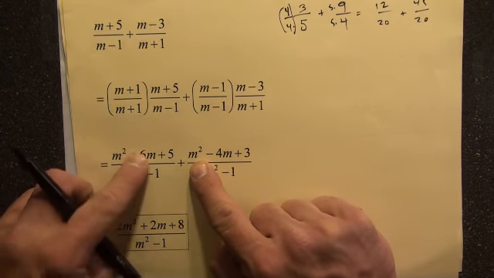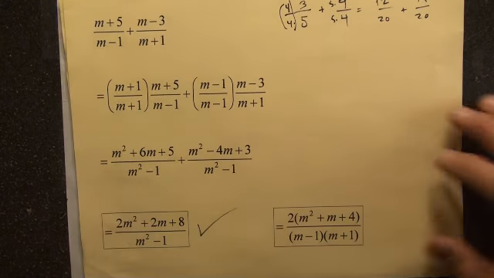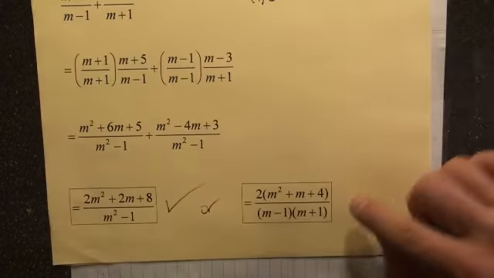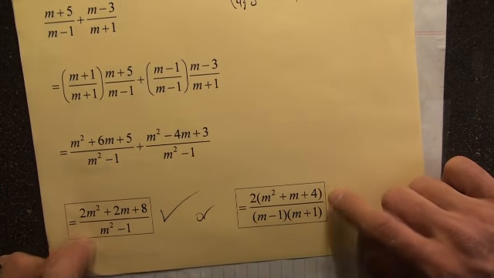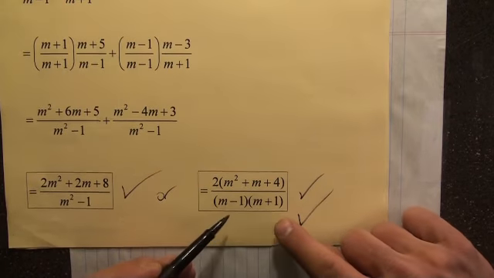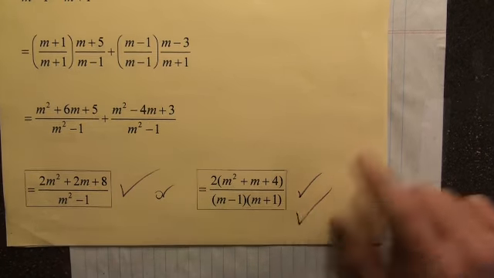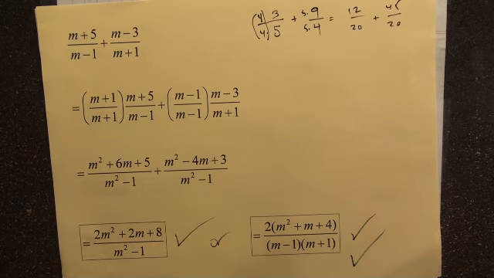Combine like terms: 2m squared, 2m, 8. You're all set. Or, of course, you could have the answer in a factored form if you like. Either one is perfectly fine. You probably want to go to this step, though, more times than not, because there could have been a canceling, which would have made the answer in reduced, simplest terms.